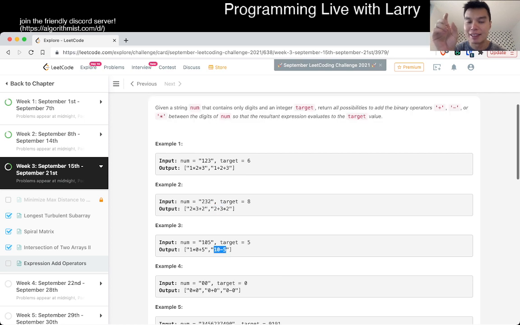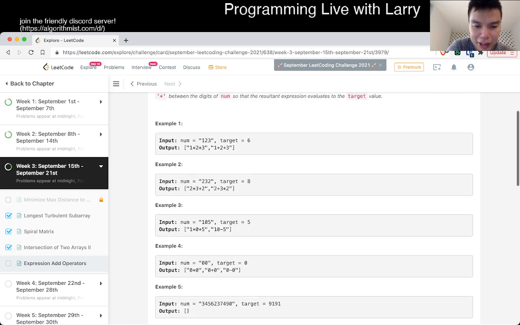And for each of those spaces, you could either have a plus, minus, star, or multiply, sorry, or nothing, right? And that means that there are 4 choices for each of the 9 spaces. So this is going to be a 4 to the 9 algorithm. That's how I would think about it, and right now I'm thinking about whether that's feasible.